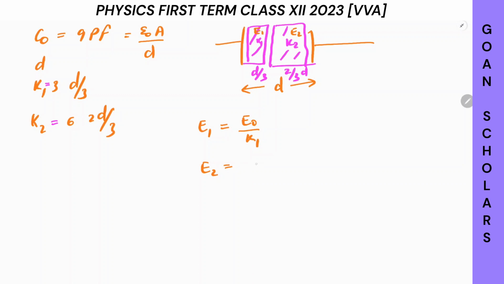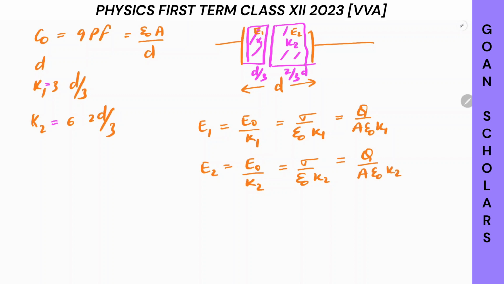So E2 will be equal to E naught by K2, correct? I hope this is clear. E1 is sigma upon epsilon naught K1, and E2 will be sigma upon epsilon naught K2. And sigma is nothing but charge upon area.